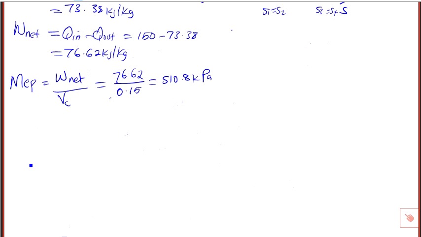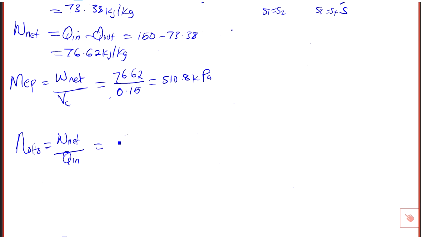And then lastly, the Otto efficiency becomes the net work done divided by heat given into the system. Just slot in your values.